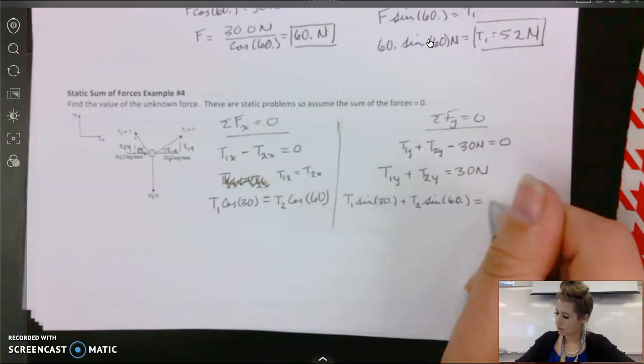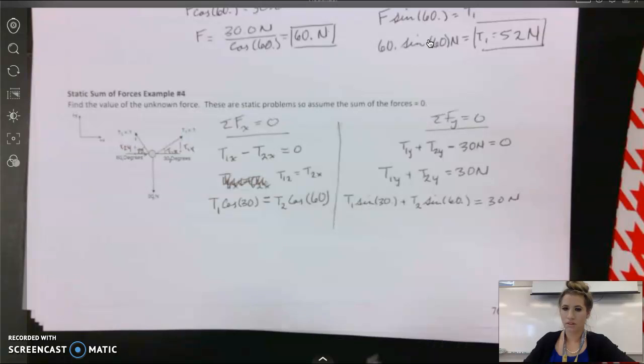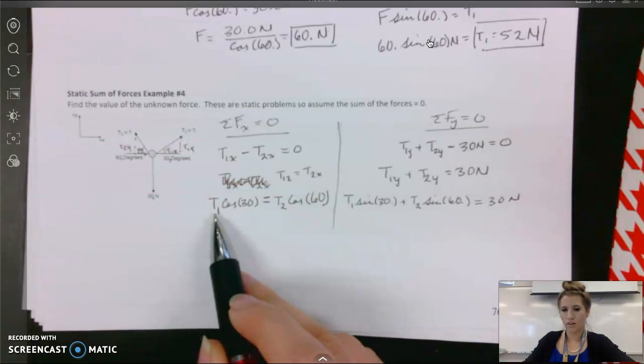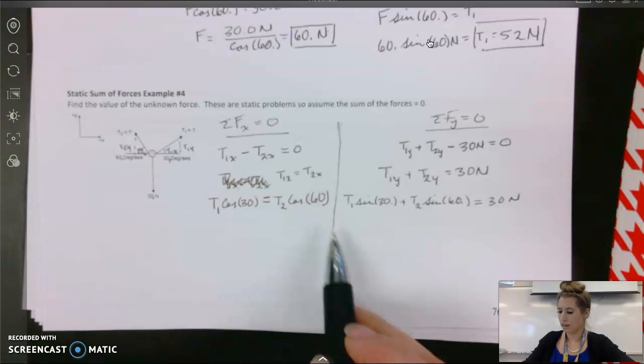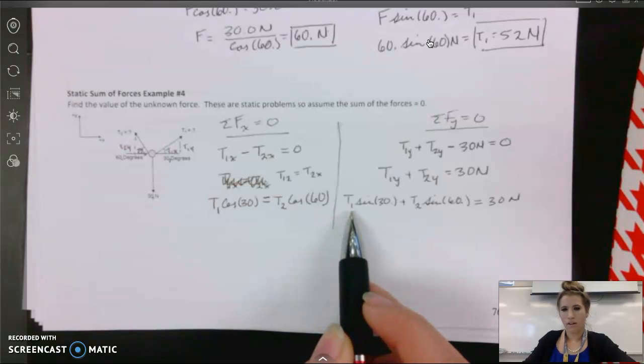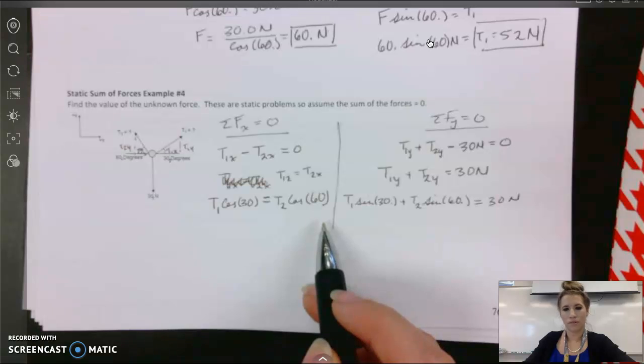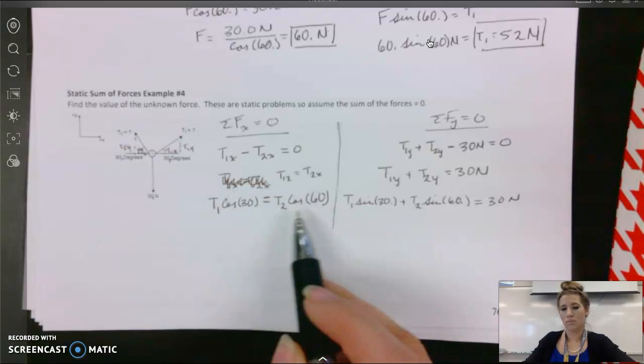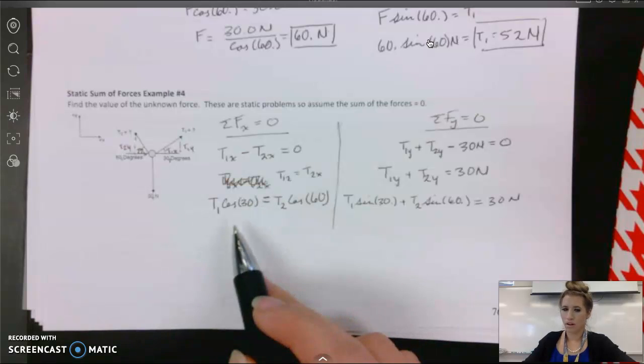Okay, that's going to equal 30 newtons. So what you do with a system of equations is you solve for one of those unknowns and then you plug that in to the other one. So there's multiple ways you can go back and forth with doing this. I suggest using this more simple equation to solve for that unknown.